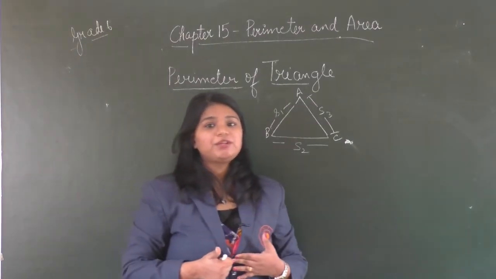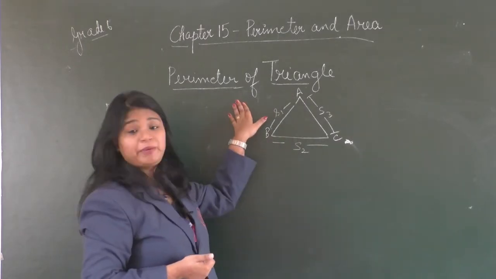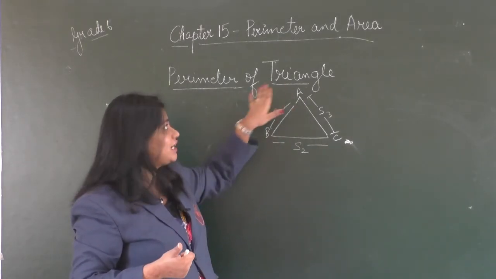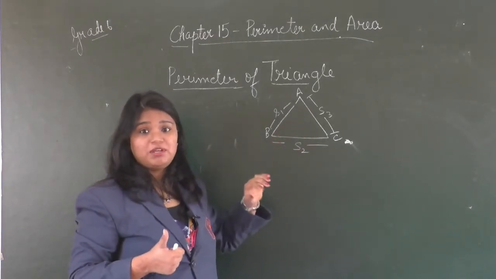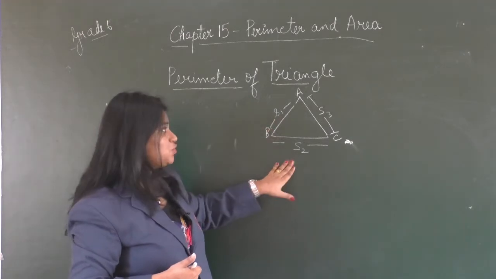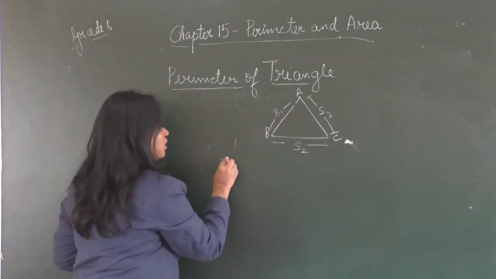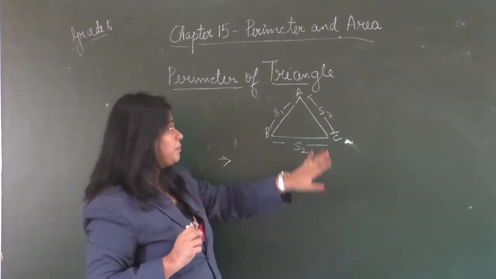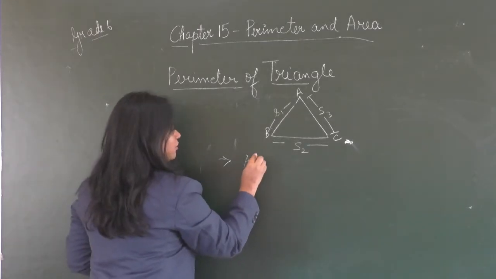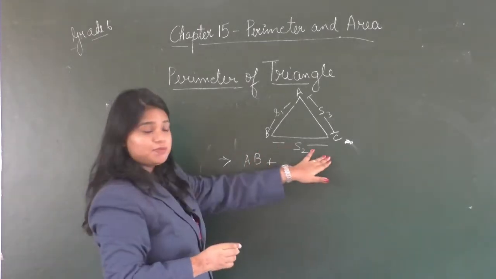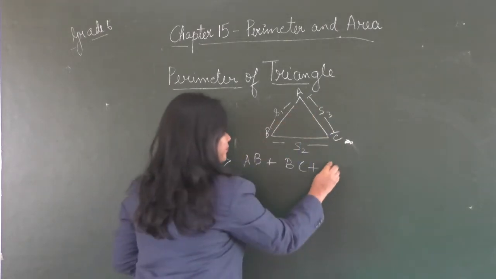We learned how to calculate the perimeter of a four-sided shape. Now let's learn how to calculate perimeter of a three-sided figure, that is a triangle. So here we have a triangle ABC with the measurement S1, S2 and S3. We know that perimeter is equal to sum of all sides. So let's find the perimeter of this triangle. Here the sides are AB plus BC plus CA.